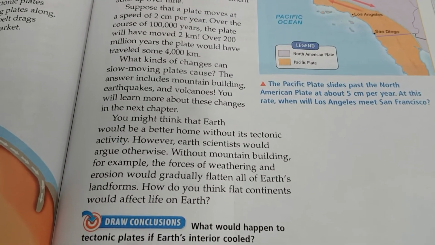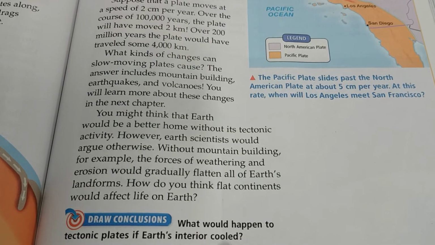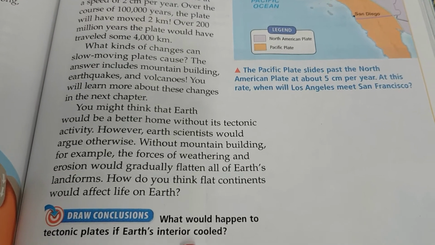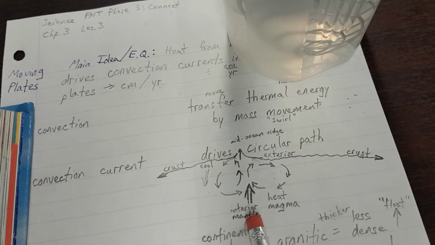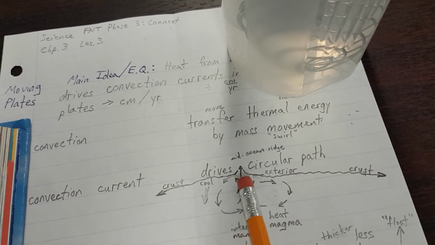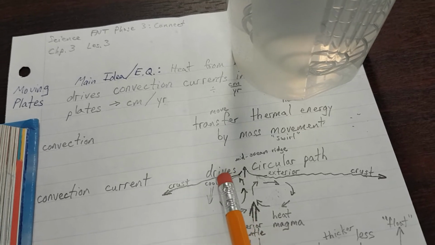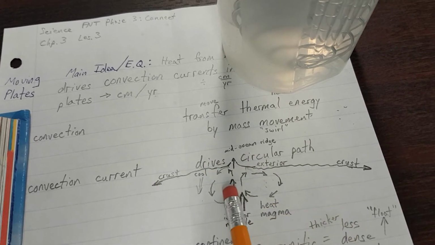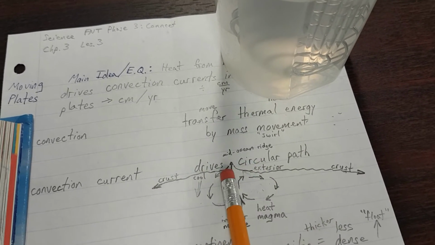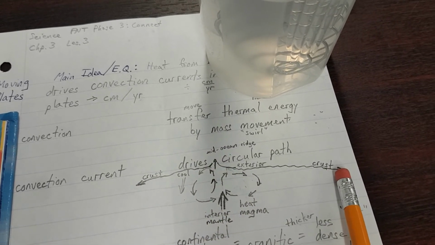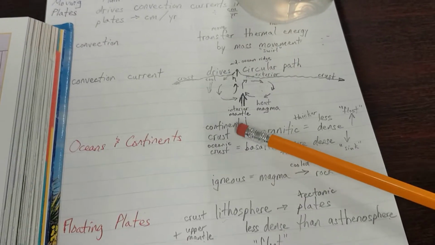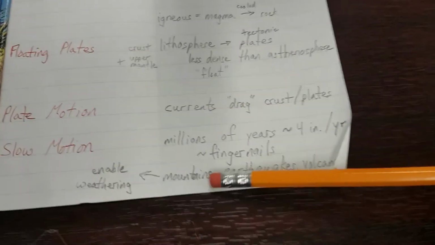Okay, what's our question? What would happen to tectonic plates if Earth's interior cooled? Okay, well, because the interior is hot, that causes the magma to lift or rise to the surface. That drives this circular path of convection currents. That creates the mid-ocean ridges where the crust splits apart from each other. That also allows the continental crust to slam into each other and cause mountains, earthquakes, and volcanoes.